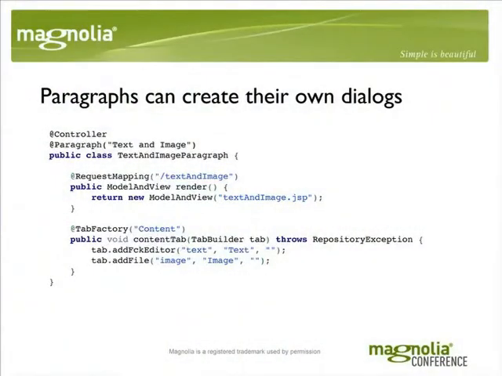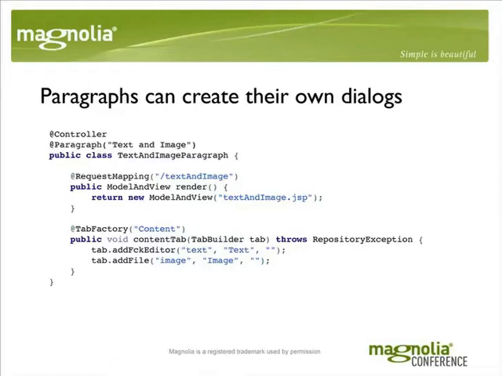Now, in my experience, there's usually a one-to-one mapping between the paragraph and the dialog that's used by that paragraph. Typically you create a paragraph and then you create the dialog that's used only for that paragraph. So therefore Blossom provides a convenience mechanism.